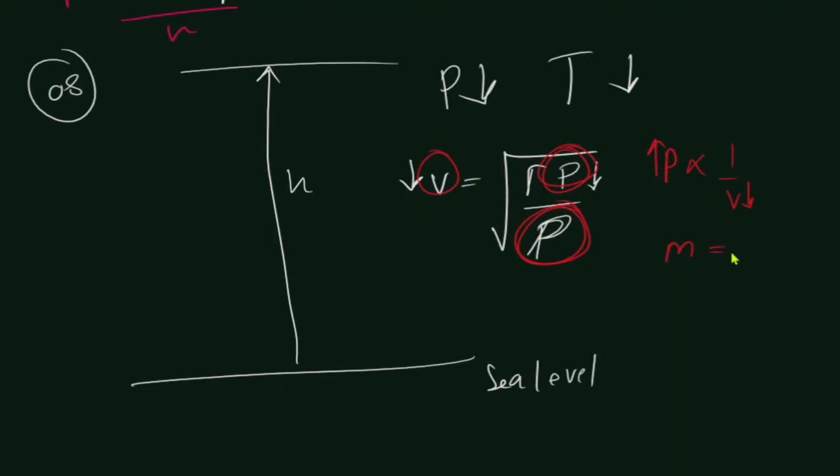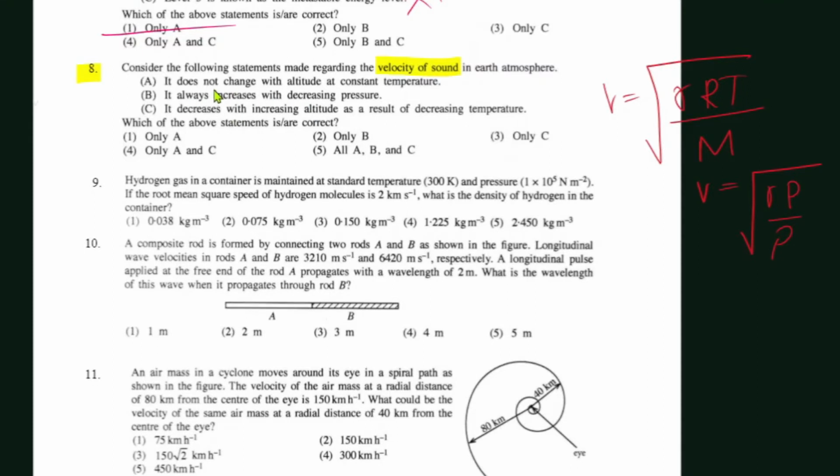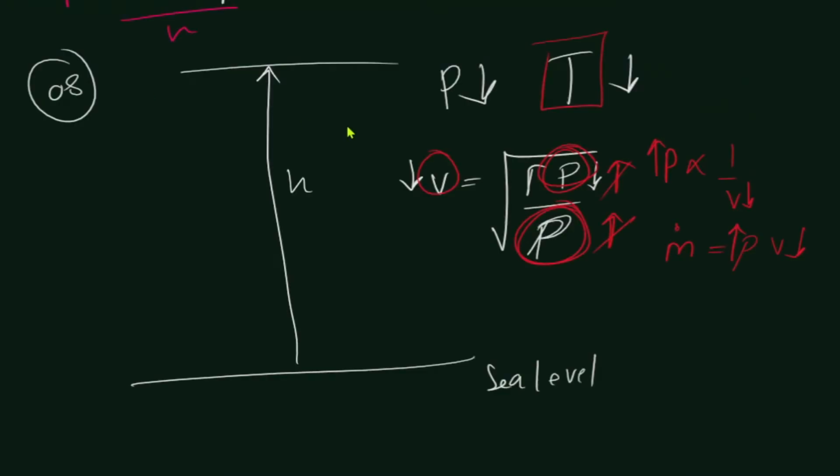So from m is equal to rho v, when volume decreases, the density increases because mass is constant. So this increase cancels this increase, and there is no resultant change. Therefore the velocity doesn't depend on pressure and density. So when the temperature is kept constant, as they say in the first part A, it does not change with altitude.